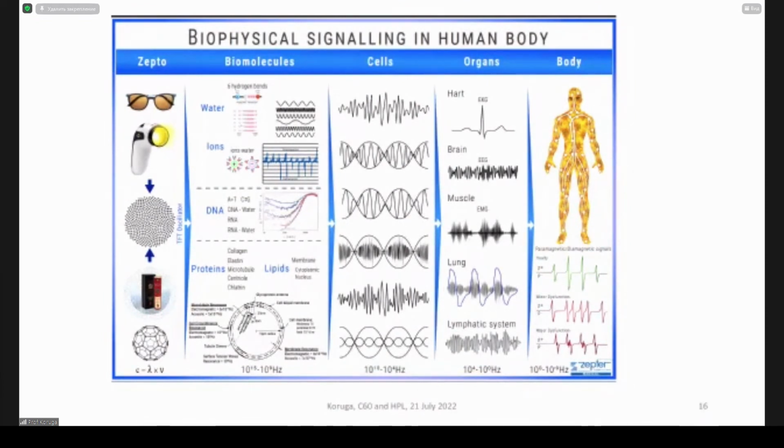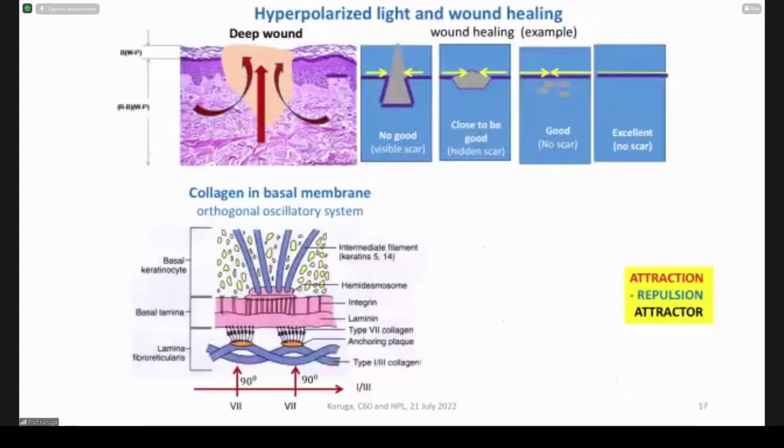After that, we considered properties of oscillatory processes on the different levels of the human body, and we made different devices for use, not only the BIOPTRON, but also eyewears and some creams. On the different levels of the human body, we have different organization and oscillation, and we start from the biomolecules to the tissue, to the organs, and the whole body.